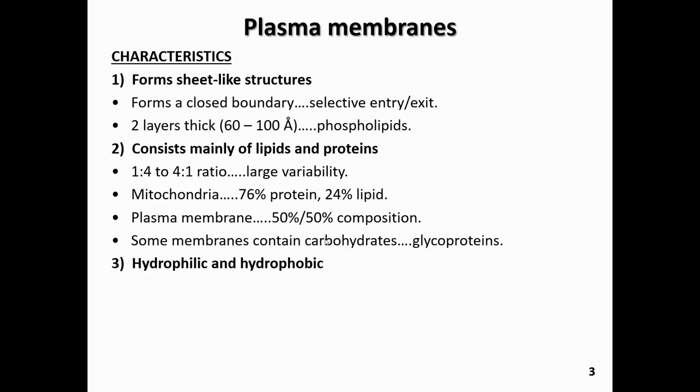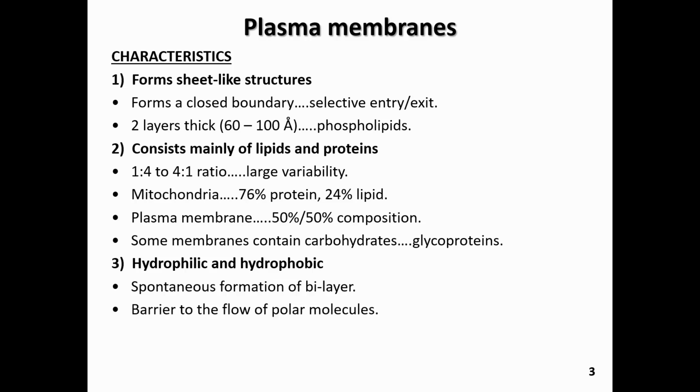The third interesting characteristic about plasma membranes is that plasma membranes are both hydrophilic, which translates to water loving, and hydrophobic, which is water fearing. So the interesting aspect of plasma membranes is that depending upon the part, it is both repelled by water and attracted to H2O molecules.